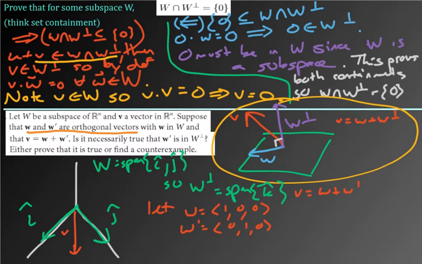But this is my vector V, and it's in the plane. I mean, it's literally (1, 1, 0), and it satisfies all these things, but W prime is not in W perp, right?